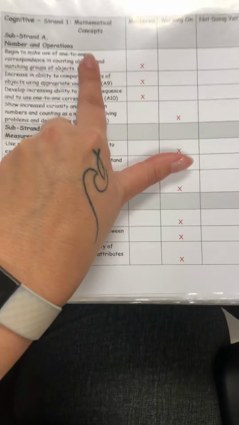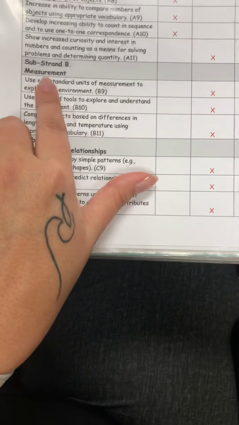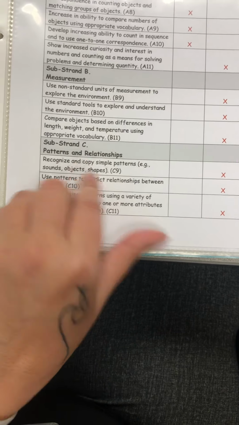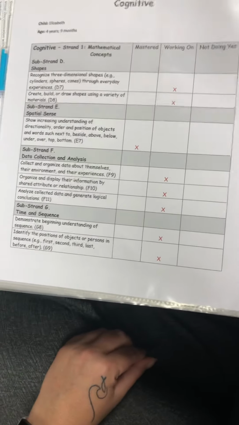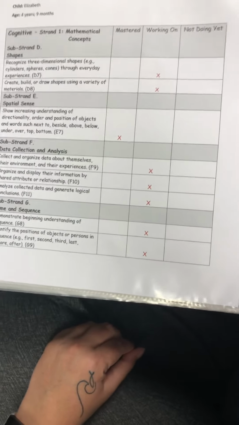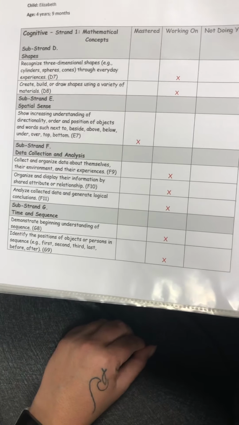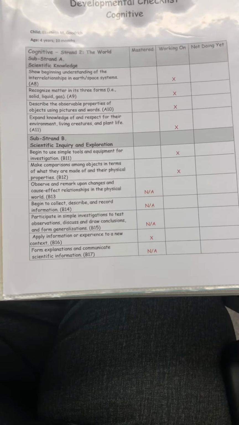So we've got some math, measurement, patterns and relationships. This was a really long one. I don't expect yours to be this long. You only need 10, but the student definitely covered all of the different strands in math, science, and social studies, which is cognitive.